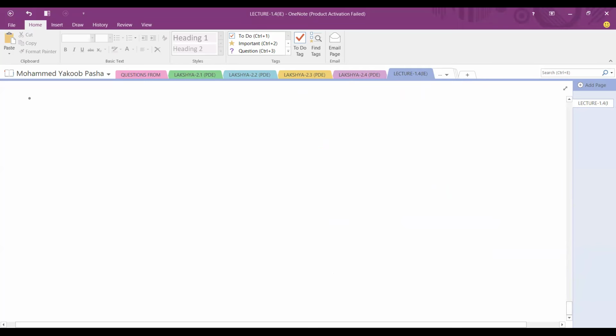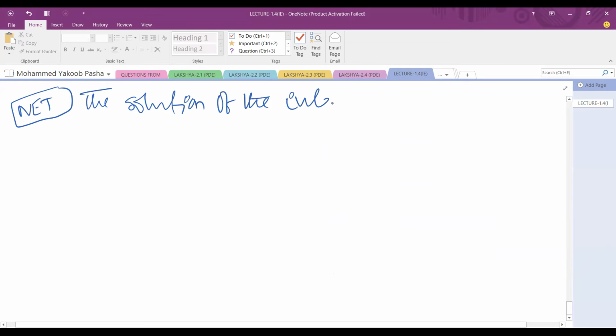Okay. I'm taking one more problem from CSIR NET. The solution of the integral equation. Two more classes are needed for integral equations. After the solutions, we will see how to find the eigenvalues, then we will discuss the previous set or other state set questions, then we will close this topic.